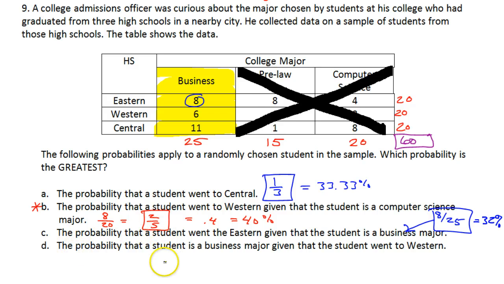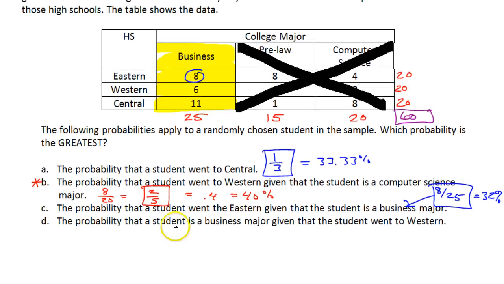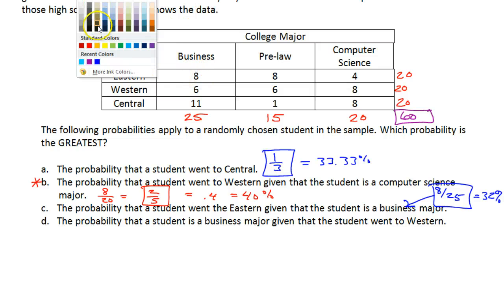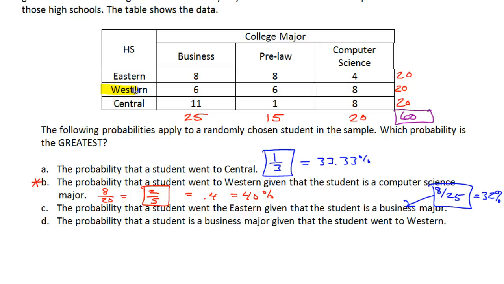Okay, last one. The probability that a student is a business major, given that the student went to Western. This time we're given something else: that the student went to Western.